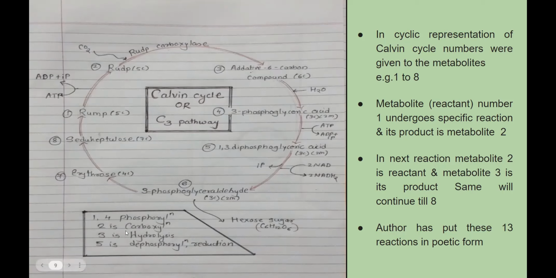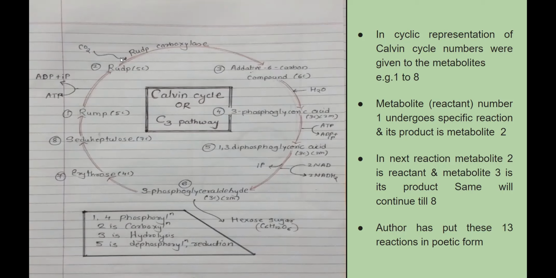Then for reaction number 2, carboxylation. So students can write RuDP or RuBP, ribulose diphosphate. It was monophosphate; as a phosphate group was added, it has become diphosphate or bisphosphate, in presence of the enzyme RuDP carboxylase.